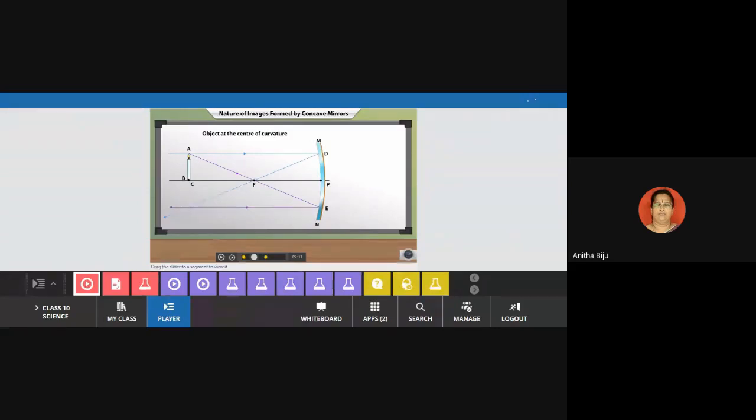And look at the point of intersection. Both the reflected rays meet at the point where we get the image.